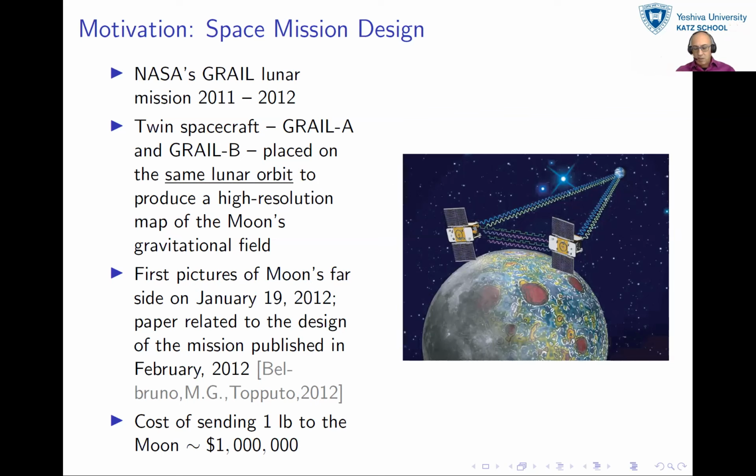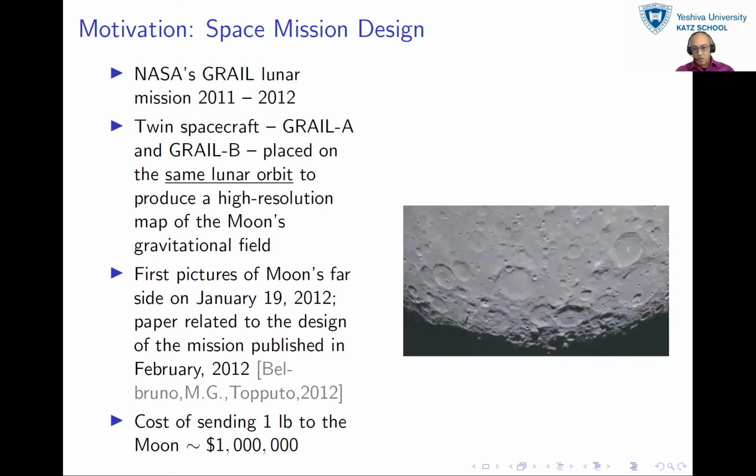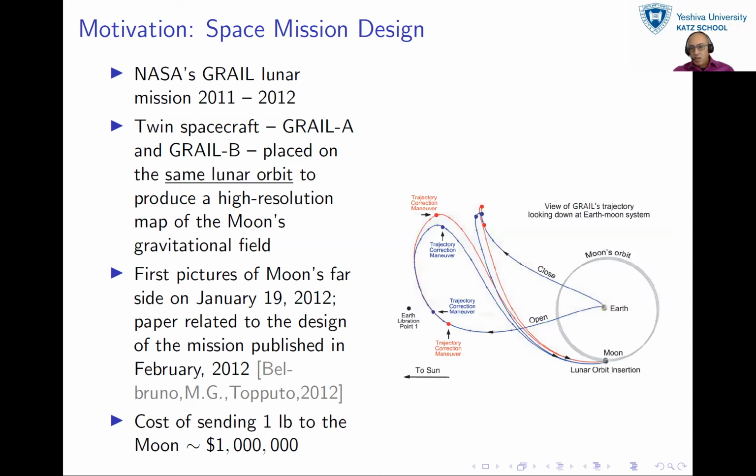The trajectories to send these spacecraft to the moon were, let's say, unusual at first sight. Here you see the Earth, and this is the orbit of the moon around the Earth. And here you see in red and blue the trajectories of the two spacecraft.